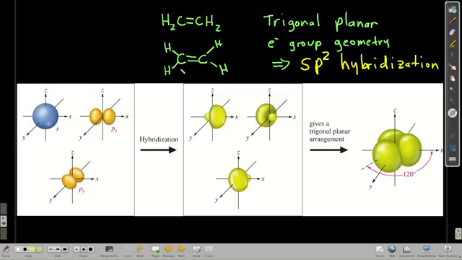And 3 electron groups form 120 degree bond angle, trigonal planar geometry. And so we say that we take the 2s from carbon and 2 of the 2p's and mix them together and make 3 equivalent sp2 orbitals, which are 120 degrees from each other and form a trigonal planar geometry.